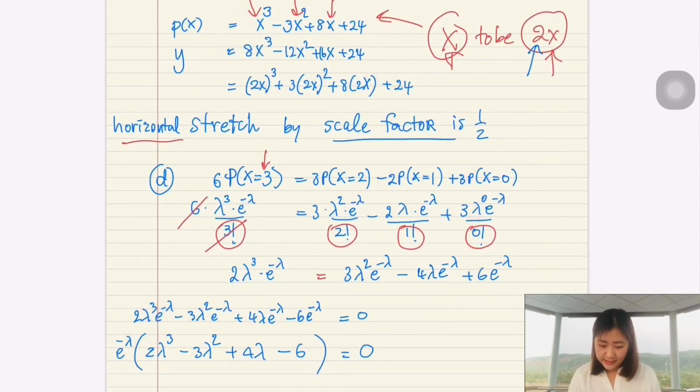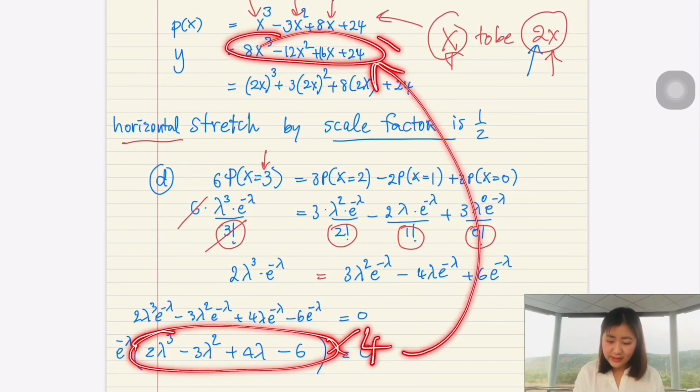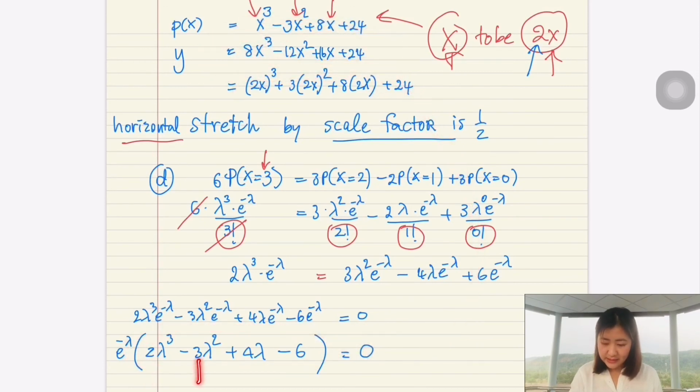So let's check. We have 2, 3, 4, 6. Here, if we times this one by 4, you will get this, right? Yeah. See, 4 times 2 is 8. Yes, 4 times 3 is 12. 4 times 4 is 16. 4 times 6 is 24.